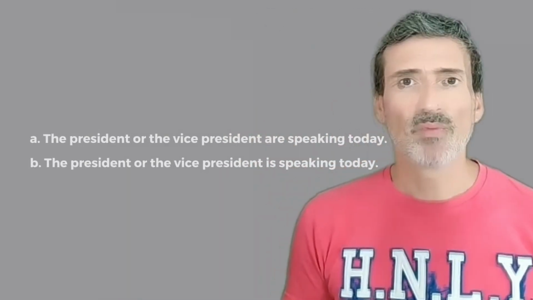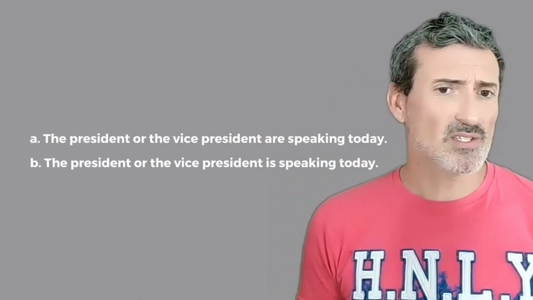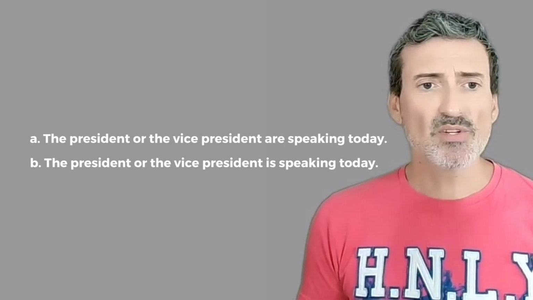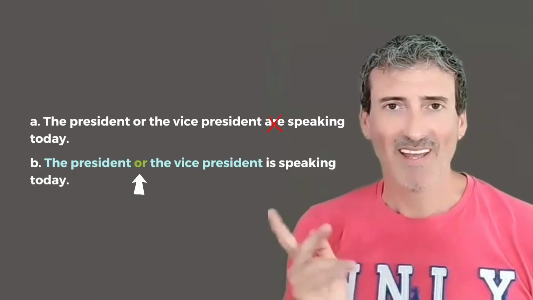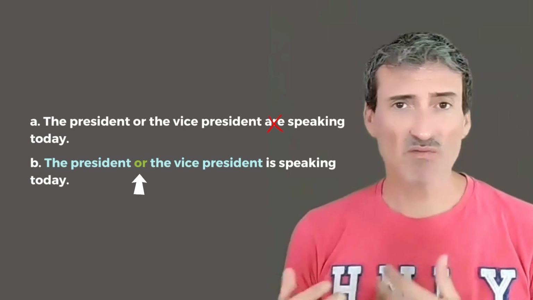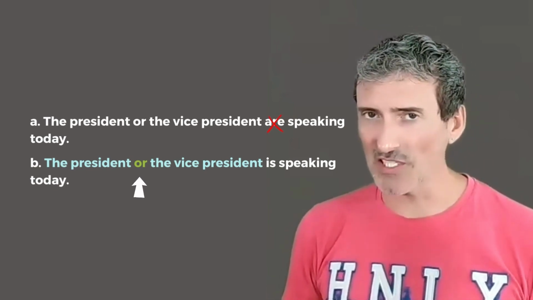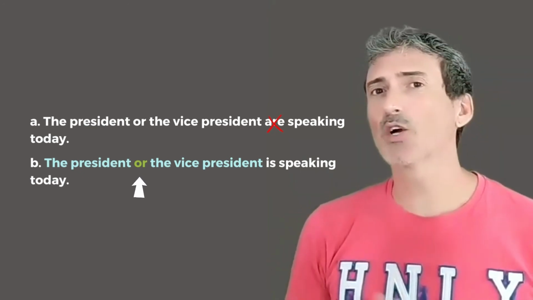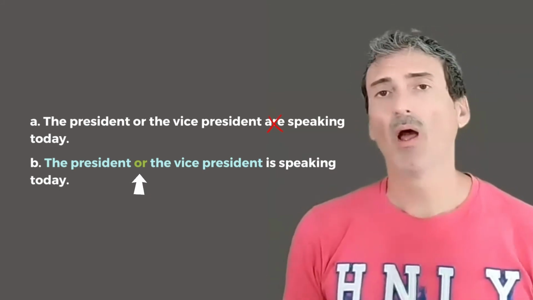Next example, option A: The president or the vice president are speaking today. Option B: The president or the vice president is speaking today. In this example, we also have a compound subject, which is made of the president or the vice president. The difference compared to the previous compound subject is that the conjunction in this case is not and, but or.